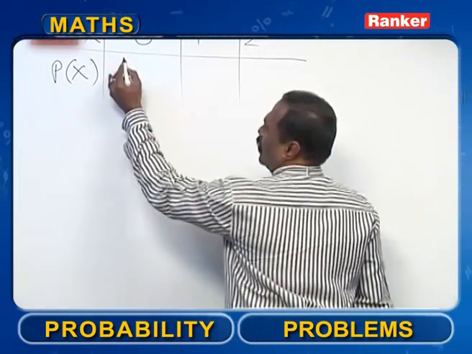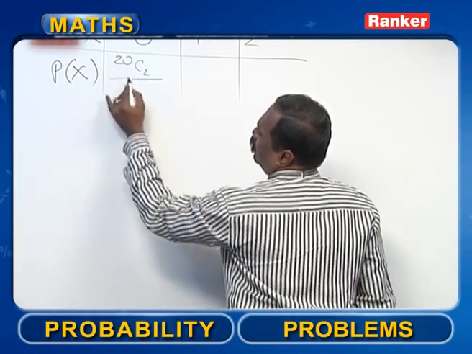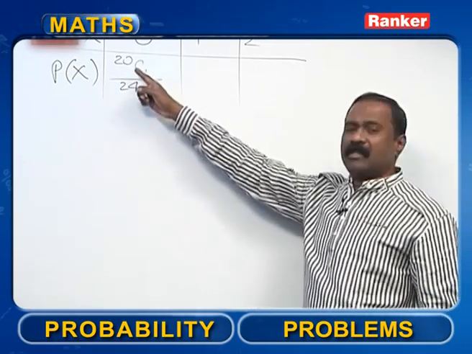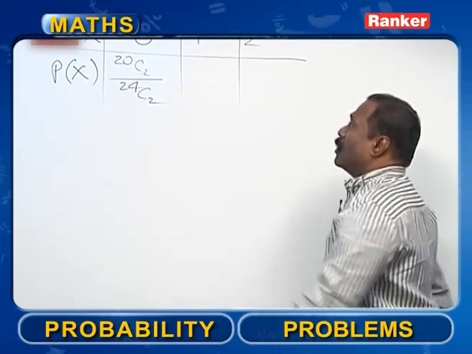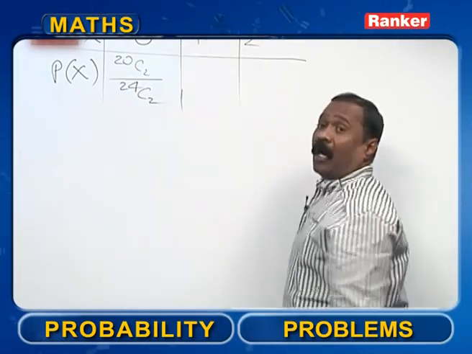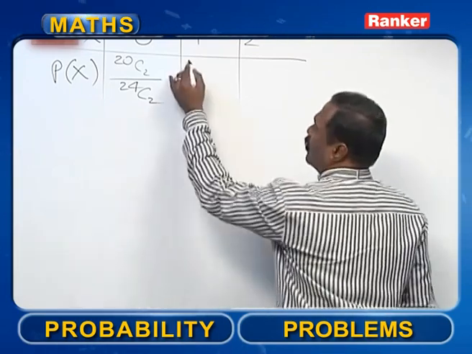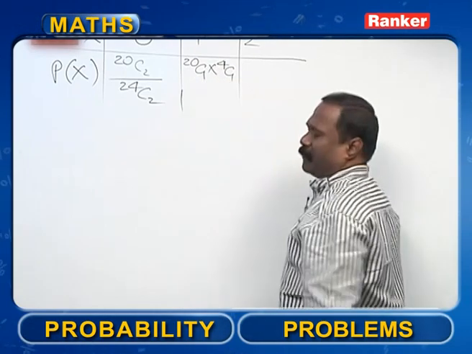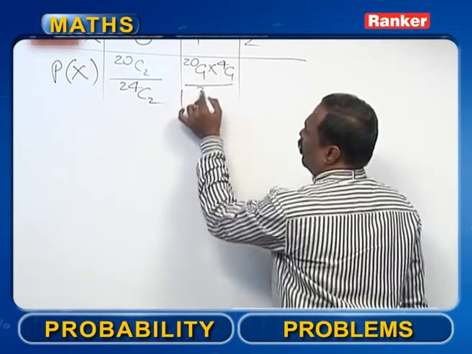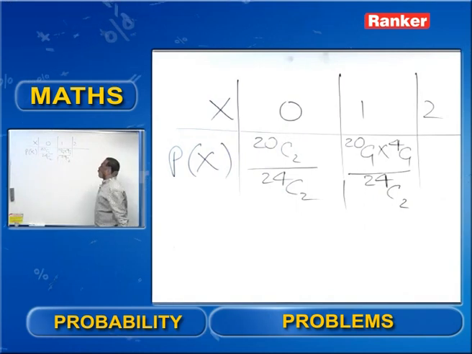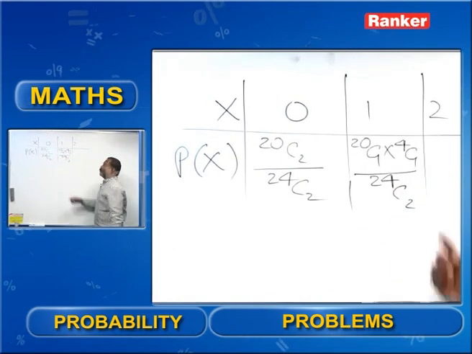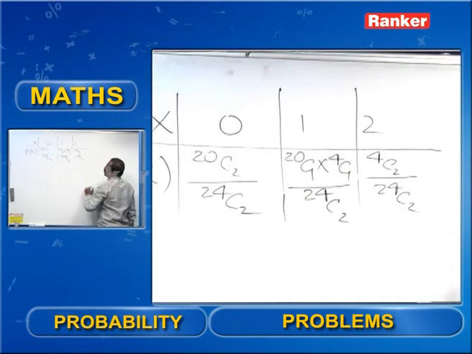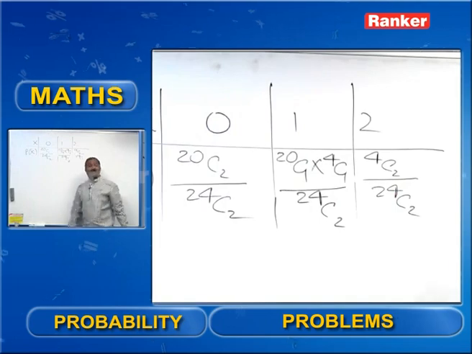How many good apples are there? 20, so 20 C2, over 24 C2, the total number of ways of choosing 2 apples. For 1 good apple and 1 bad apple, it is 20 C1 times 4 C1 upon 24 C2. For both bad, it is 4 C2 upon 24 C2. This is the probability distribution, understand that.